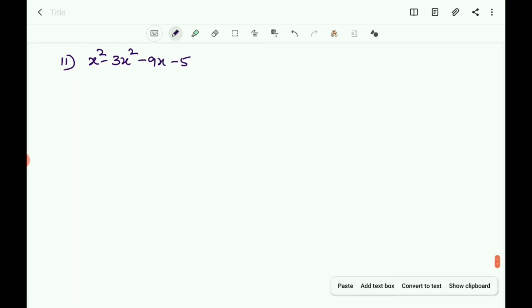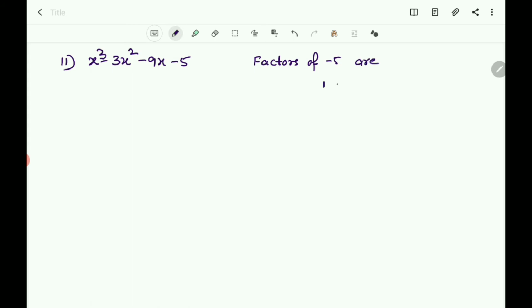Now you take the second one, x cube minus 3x square minus 9x minus 5. Now you take the last constant here, minus 5, and write the factors of minus 5. The factors of minus 5 are, you know, 1, minus 1, 5 and minus 5.